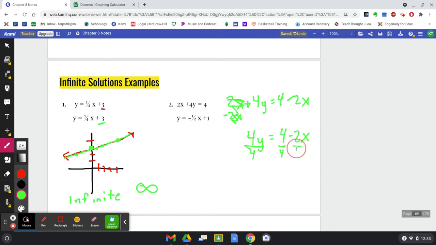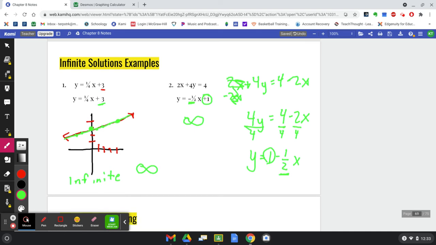And I have to divide everything. So I get y equals 4 divided by 4 is 1, negative 2 over 4 is negative 1/2 x. So I can see negative 1/2 for the slope, positive 1 for the y-intercept. Those are the same line, infinite number of solutions.